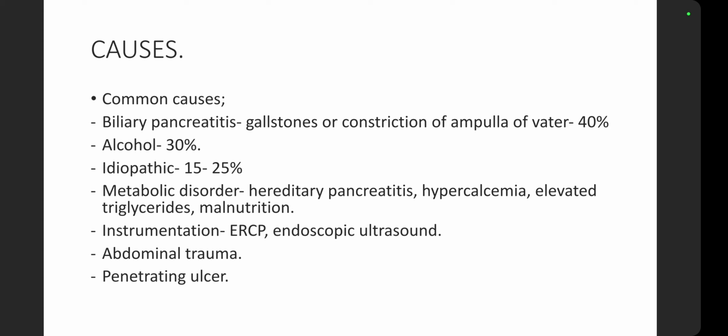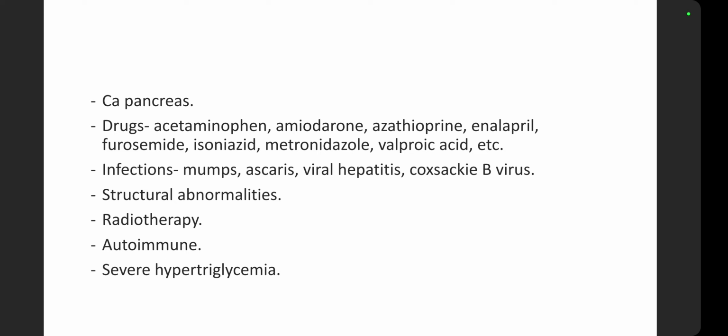Also, we have the ones caused by doctors and certain procedures: instrumentation, ERCP, endoscopic ultrasound. Then trauma, penetrating ulcer, and then cancer of the pancreas.